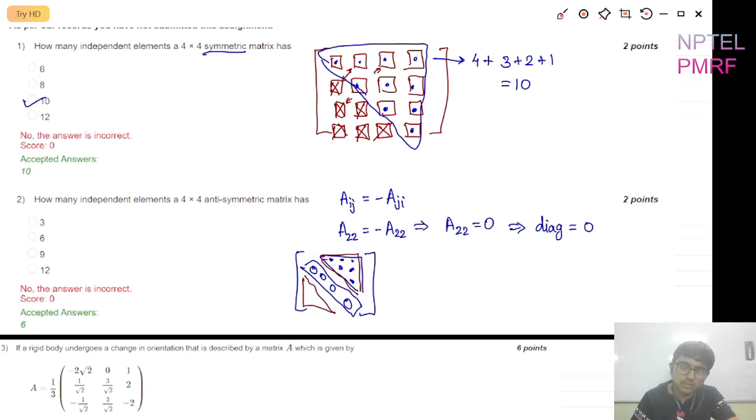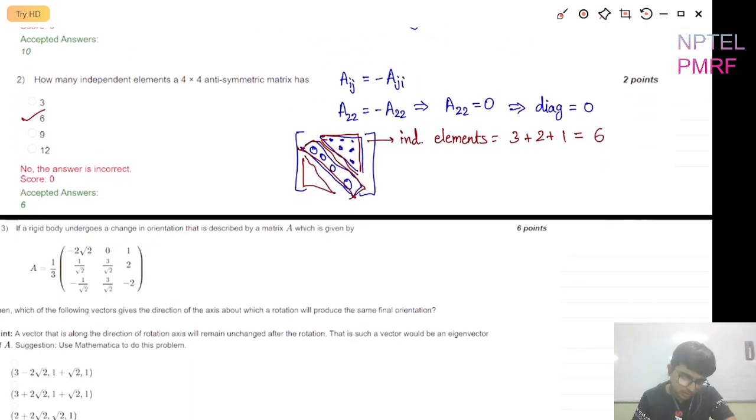They are just negative of the upper triangle, which means the independent elements are 3 plus 2 plus 1, which is 6. Basically, you got rid of these 4 diagonal entries. So the answer is 6.